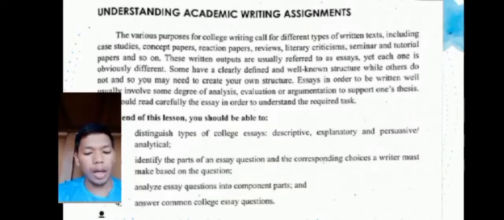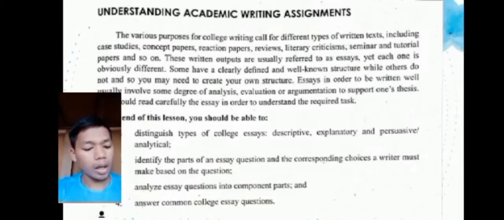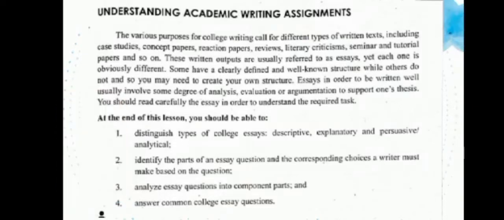Some have a clearly defined and well-known structure while others do not, and so you may need to create your own structure. Essays, in order to be written well, usually involve some degree of analysis, evaluation, or argumentation to support one's thesis. You should read carefully the essay prompt in order to understand the required task.